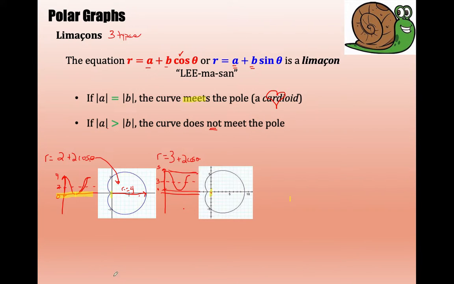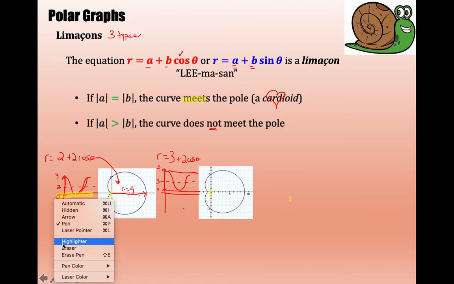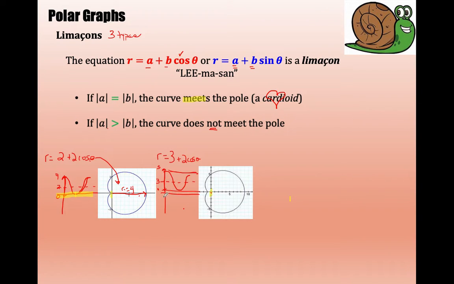But notice that that cosine graph does not hit the x-axis, and our limaçon does not ever touch the pole. So I say this because even if somebody gives me a polar equation, r equals, I can tell whether it's a limaçon that is a cardioid or whether it is just a regular limaçon.